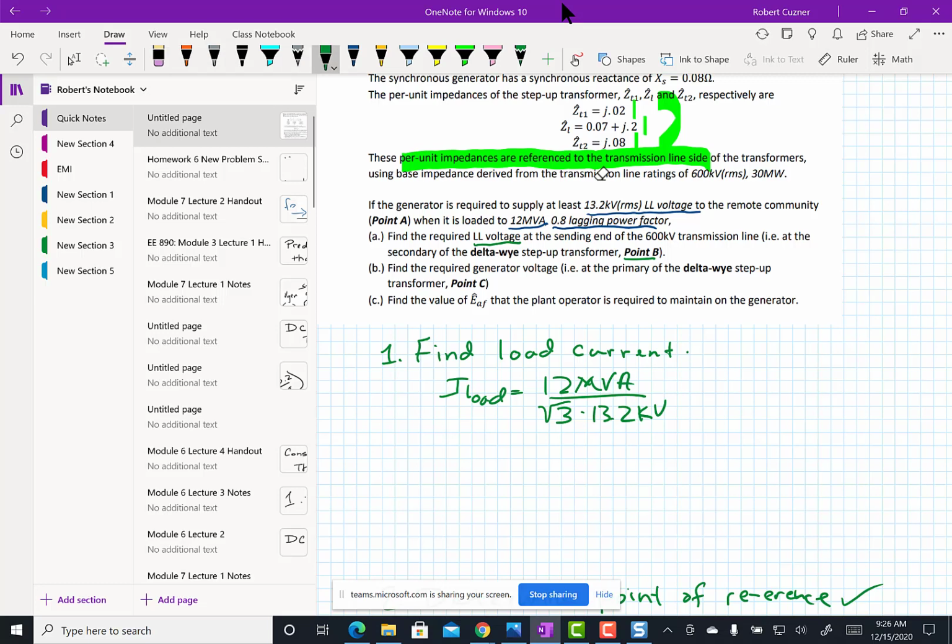There was maybe 3 people who did this right, and then they did the voltage wrong. Okay, so a lot of people got this correct. The load current was 524 amps. 524.9 amperes. Okay.